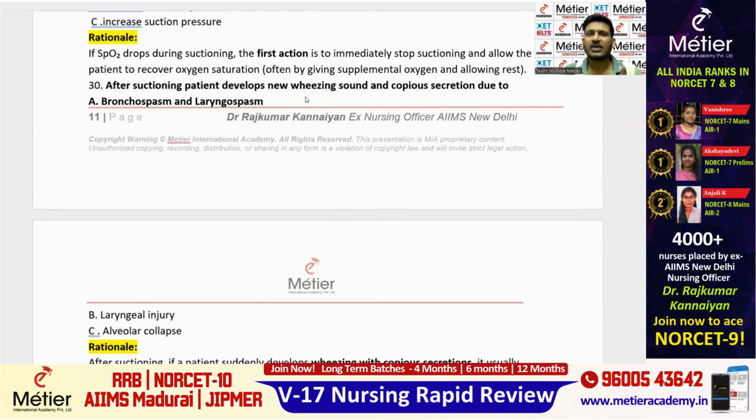The next one: after suctioning, the patient develops a new wheezing sound. Underline the key point: after suctioning, new wheezing sounds and copious secretion are there. So this is the question, and the options they have given here are bronchospasm, laryngospasm, laryngeal injury, alveolar collapse. Here the right answer is bronchospasm and laryngospasm. Why have I selected this answer?